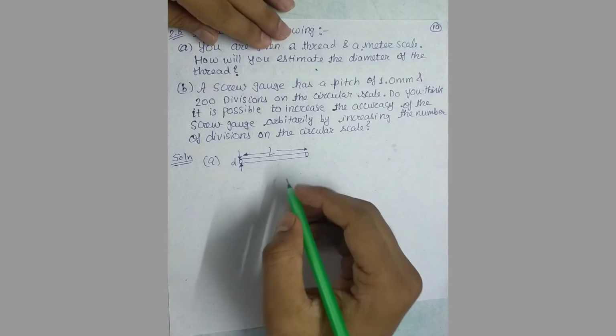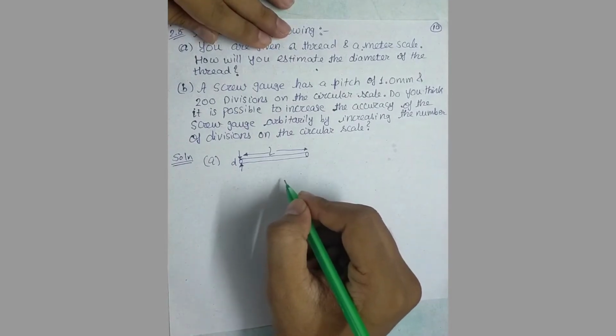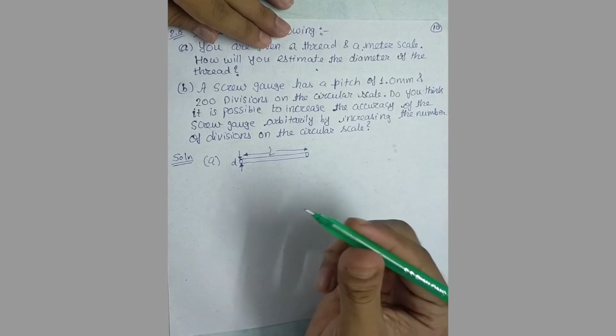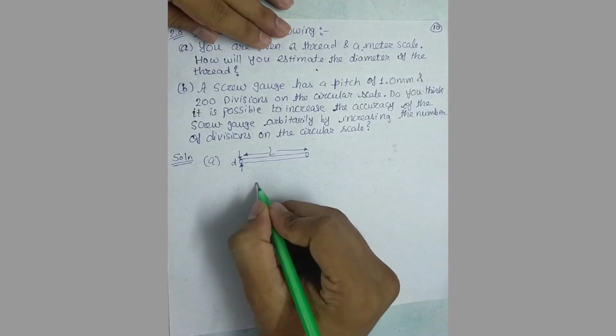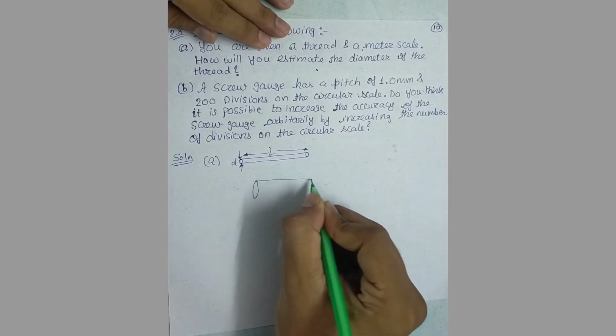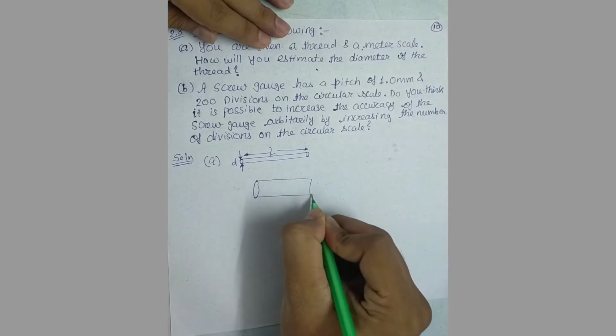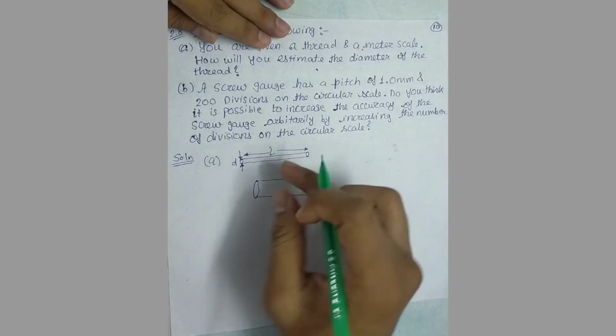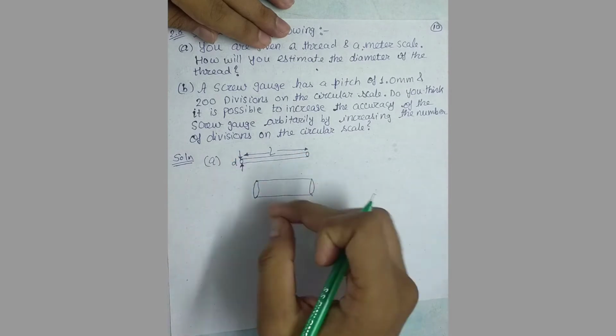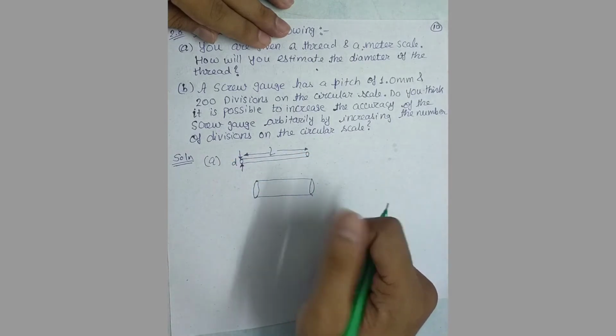I want to measure the diameter d. So what will I do? I will either use a meter scale or whatever equipment I have. For example, if I have this pen, then on this thick pen I will wind this whole thread in closely packed turns.